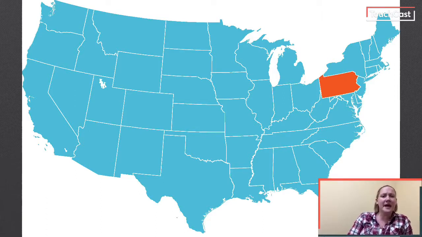I wouldn't be able to see anything but major highways, and if I were planning a cross-country trip, I could probably see some major landmarks, but nothing too specific in any of the states. If you notice, Pennsylvania is highlighted there in orange. That's the state that you're in, and it's kind of small on this overall map, just based on the size. Everything is in perfect scale from the original down to this smaller size, but Pennsylvania is not that big.